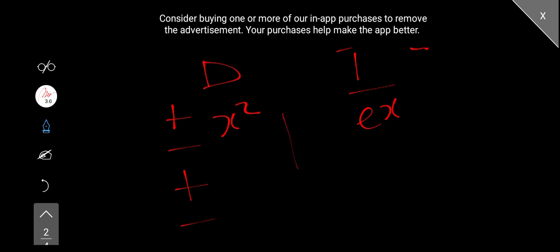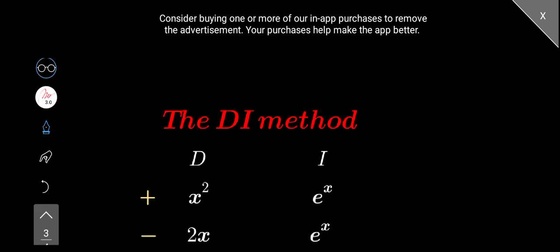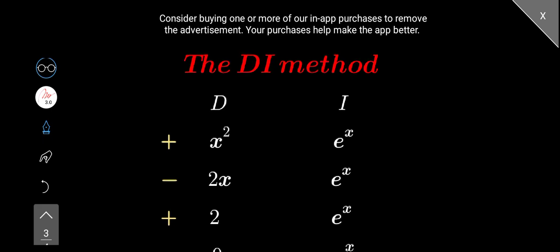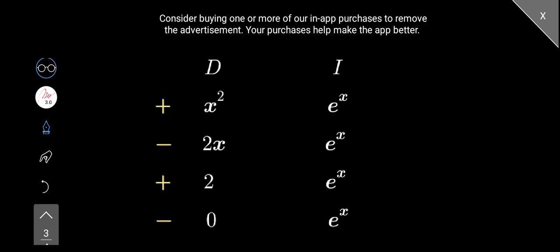So let us see how this one works. Here it is, the DI method. So as I explained the signs, we choose the function to be differentiated, which in our case is x squared, and e to the power x to be integrated.